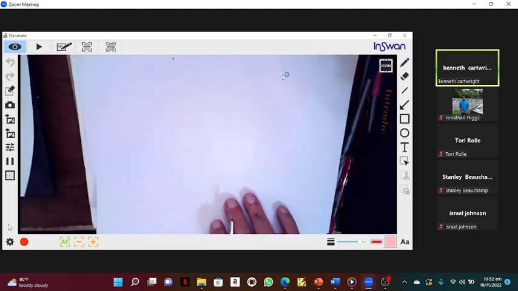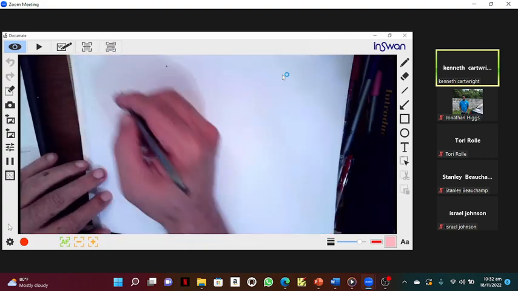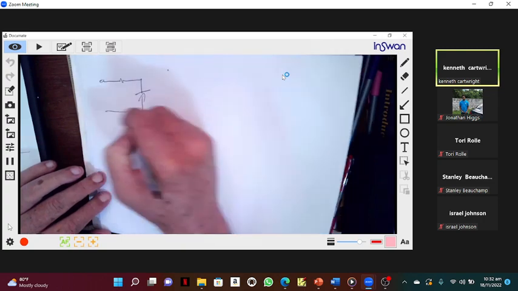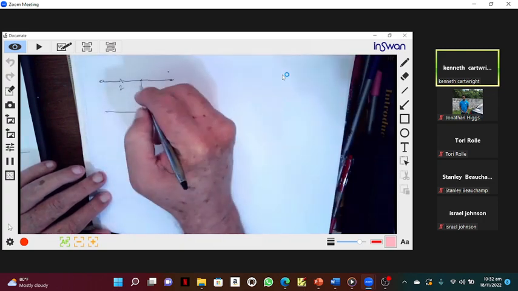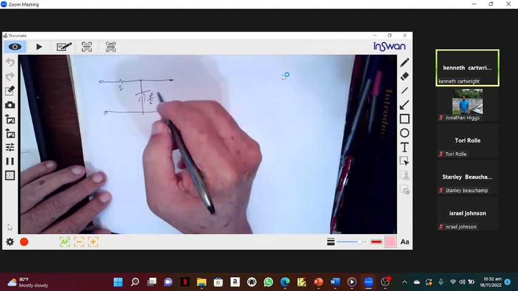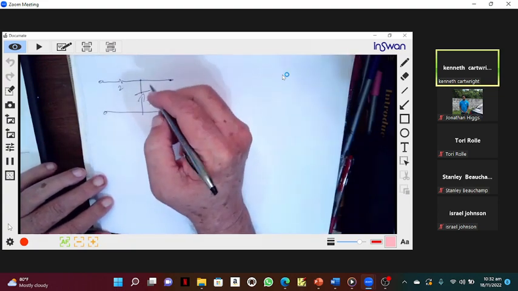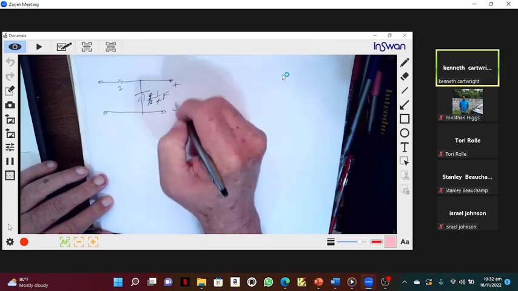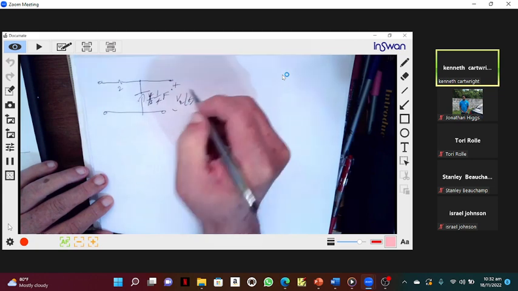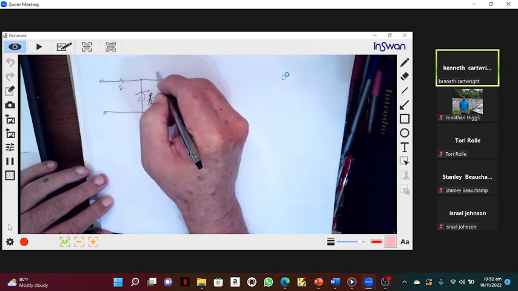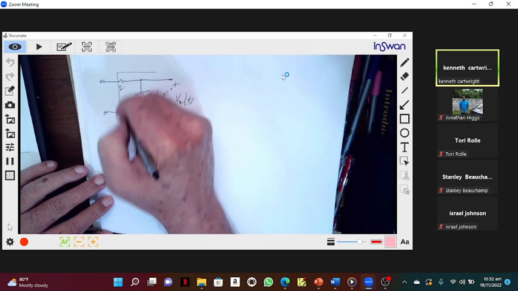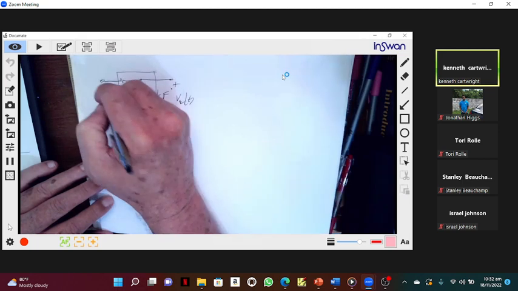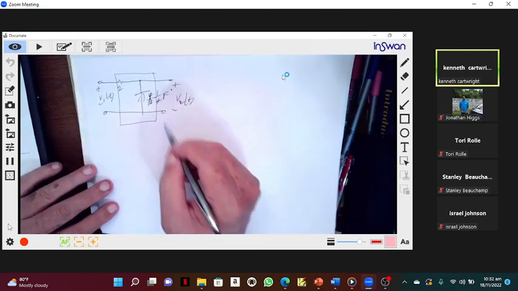Let's get back to our example. So here's V2 of t, and here's V1 of t. The two-port network has a G of t, an impulse response.